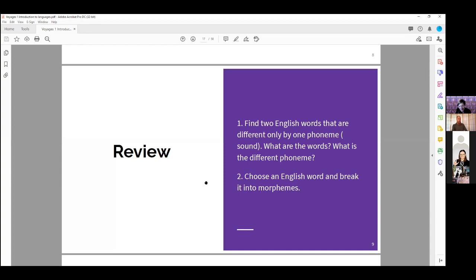This is just trying to get you sensitive to word pairs. Then choose an English word and break it into morphemes. I'd like to hear from the students in the class. If you would like, you can drop it into the chat or you can speak it out.